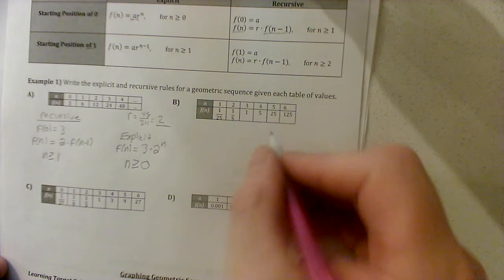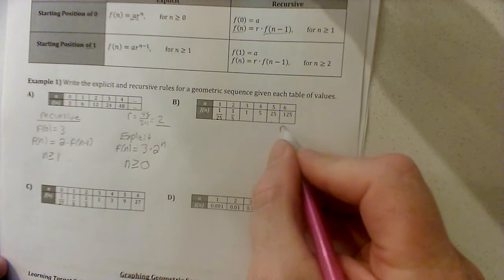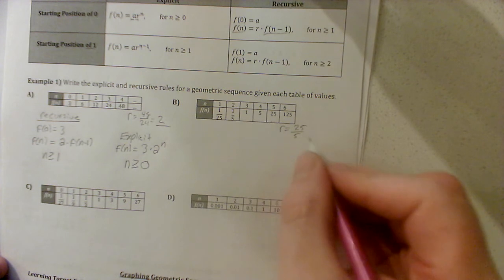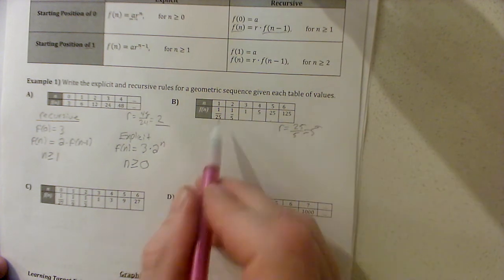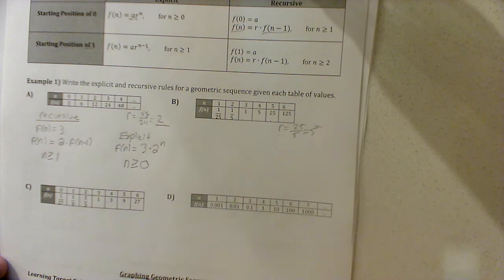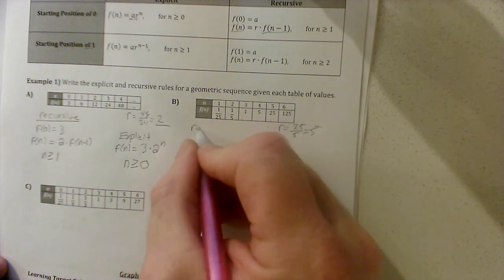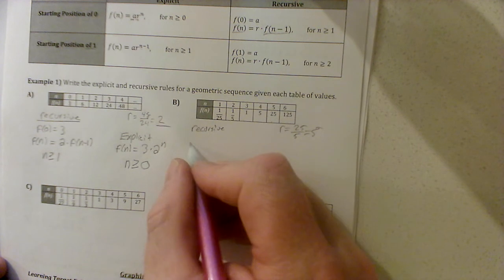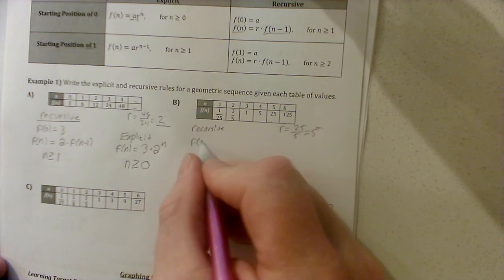Let's go ahead and do this one over here. Same concept. We'll take any term, let's take our 5th term, and divide it by our 4th term to get our ratio. So our ratio is 5, which we can see: 1/25 times 5 is 1/5, times 5 is 1, times 5 is 5, and so on. So we'll do our recursive. We say f of 1 this time.